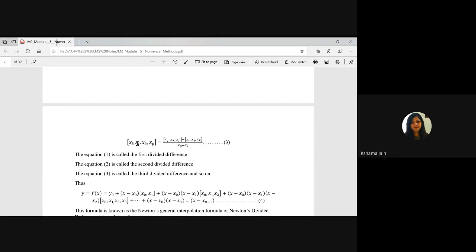So two subsets can be made. Here we have four data, so I can make two subsets of three data: first three and last three. So in the formula, last three [xj, xk, xp] minus first three [xi, xj, xk], divided by last minus first. You just remember like this.